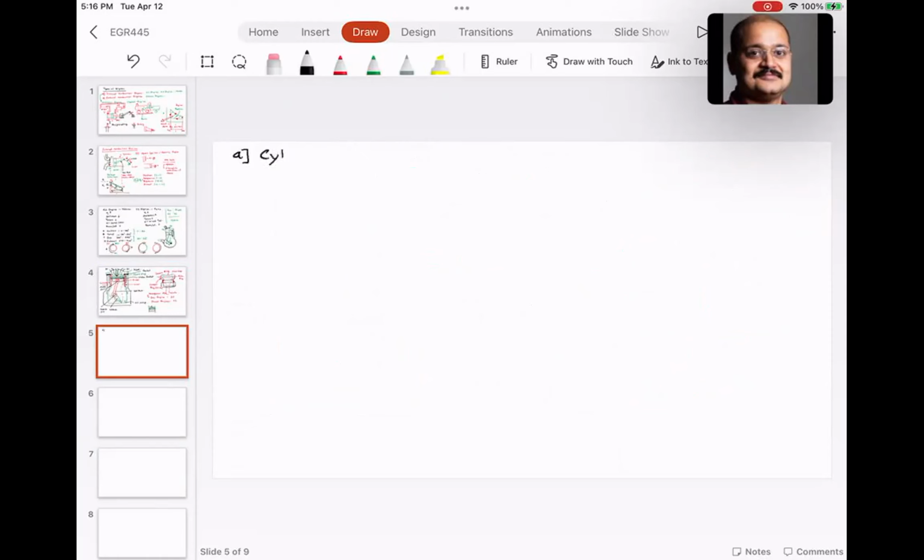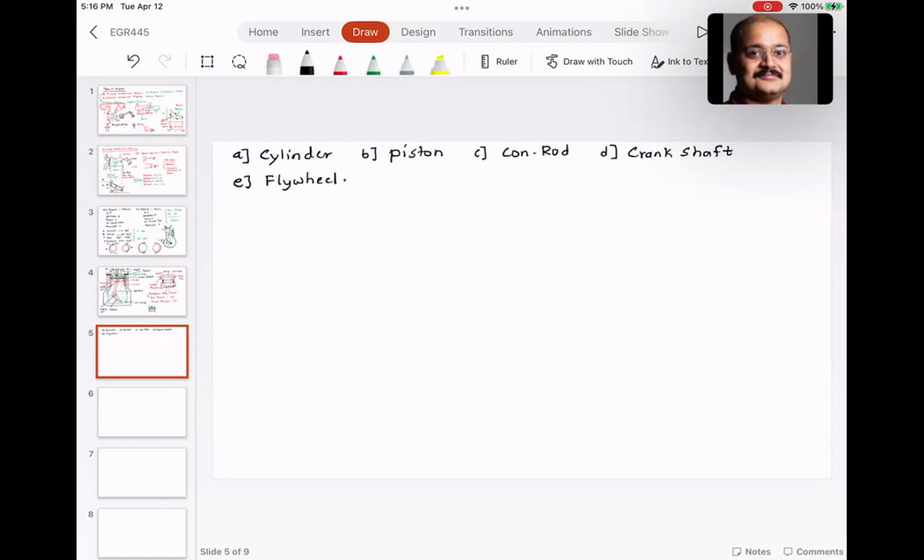Piston, cylinder. So we'll first look at the design of the cylinder. Then we will look at the design of the piston. Then we will look at the design of the connecting rod. Then we would look at the design of the crankshaft. And then I will look at the design of the flywheel.